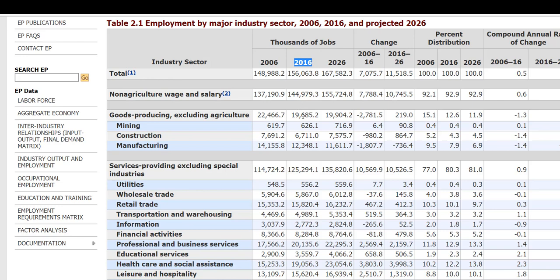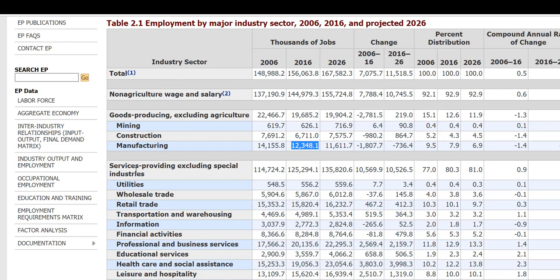Out of those, 20 million were working in the industries that are characterized as the goods-producing sector. This includes mining, construction, and manufacturing. Note that mining accounts for about 626,000 workers in the United States as a whole, construction about 7 million workers, and manufacturing accounts for 12 million workers.